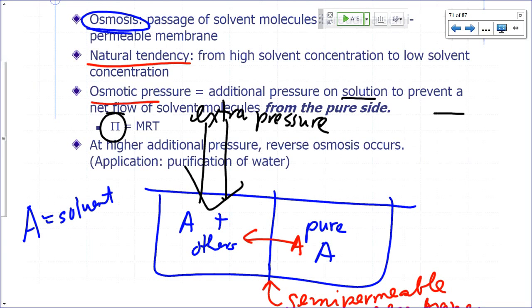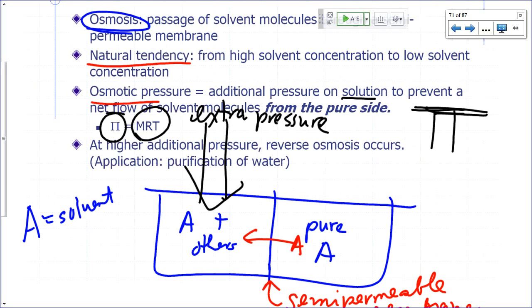We represent that by the capital Greek letter pi. Okay? And that turns out to be directly proportional to the molarity of solute particles in your solution. So it's pi equals MRT. R is the gas constant, and T is the temperature in Kelvin. Okay, and like I said, if you exert higher pressure than that, then you have reverse osmosis.